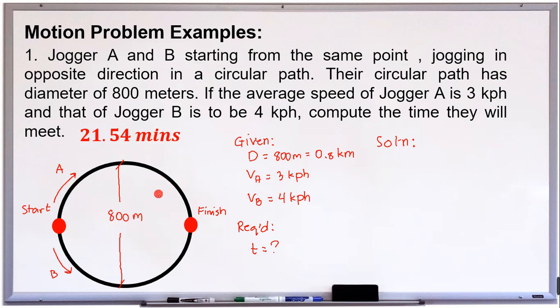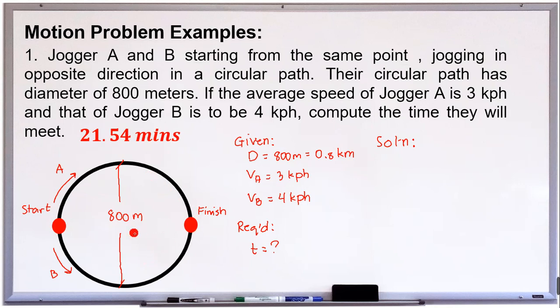Okay? Now, let's focus on our illustration. Jogger A and B start at the same point, and at some point in time they will meet along this circular path.